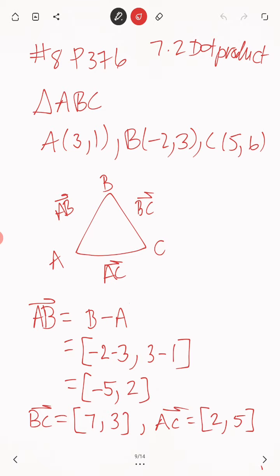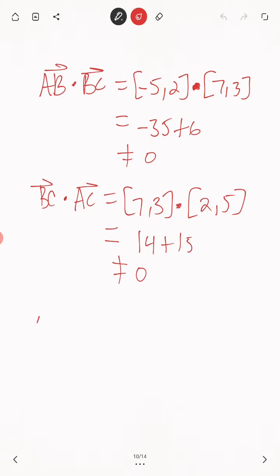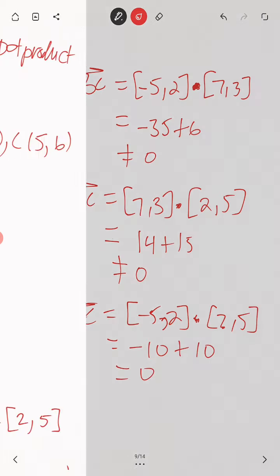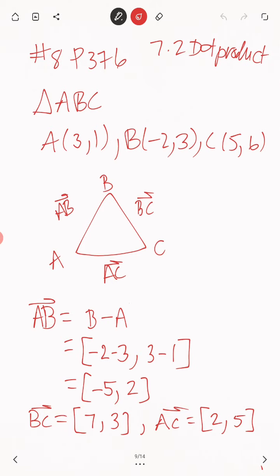That would be AB dot AC. And so that's going to be negative 5, 2 dot 2, 5. Looks promising. Negative 5 times 2 is negative 10, plus 2 times 5 is positive 10, equals 0. And so we do in fact have a right angle between side AB and AC.